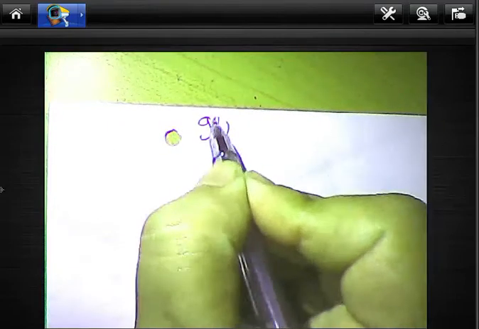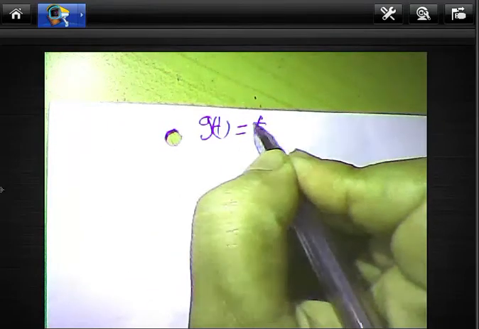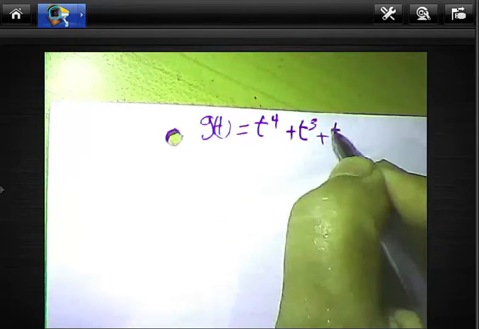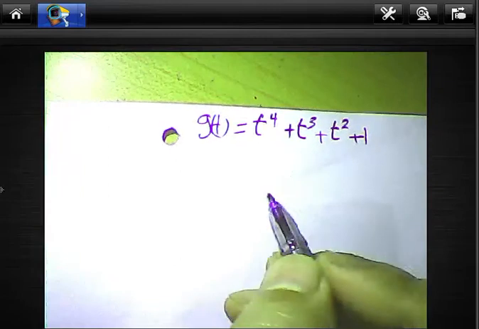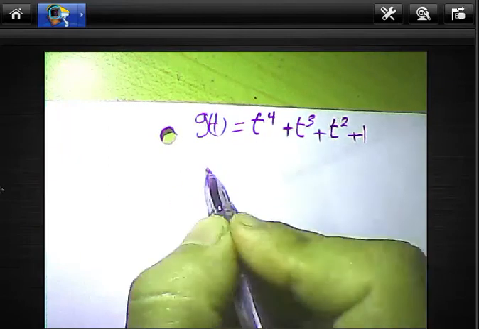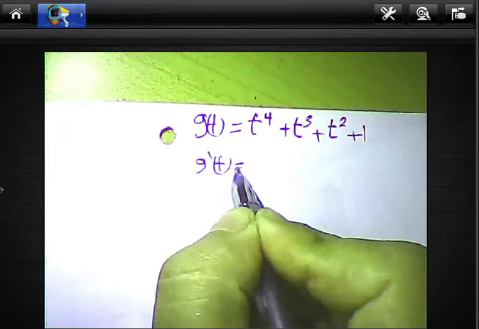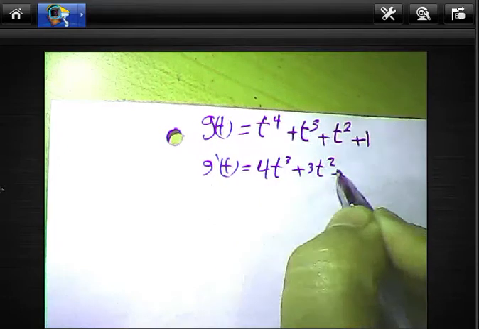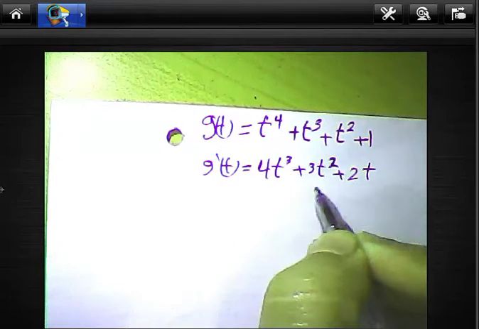Look at another example. g of t equals t to the power 4 plus t cubed plus t squared plus 1. In this example, we want to find g dash of t, which equals 4t cubed plus 3t squared plus 2t.